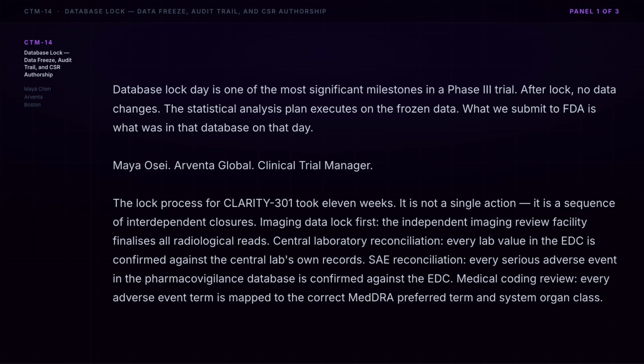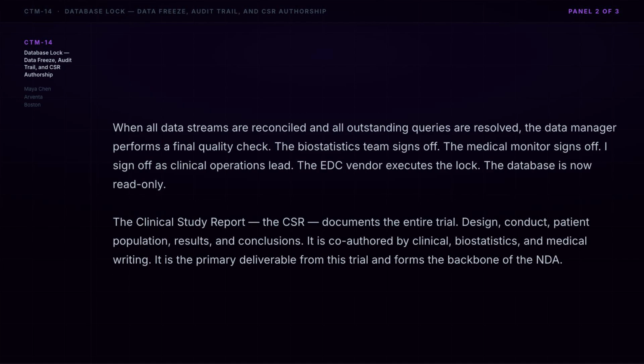The lock process for Clarity 301 took 11 weeks. It is not a single action, it is a sequence of interdependent closures. Imaging data lock first. The Independent Imaging Review Facility finalizes all radiological reads. Central Laboratory Reconciliation. Every lab value in the EDC is confirmed against the central lab's own records.